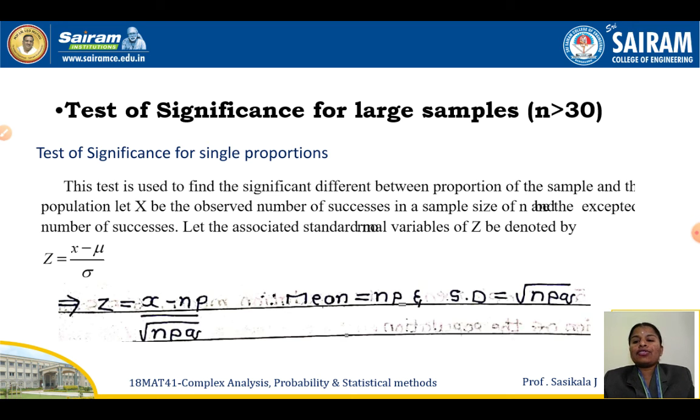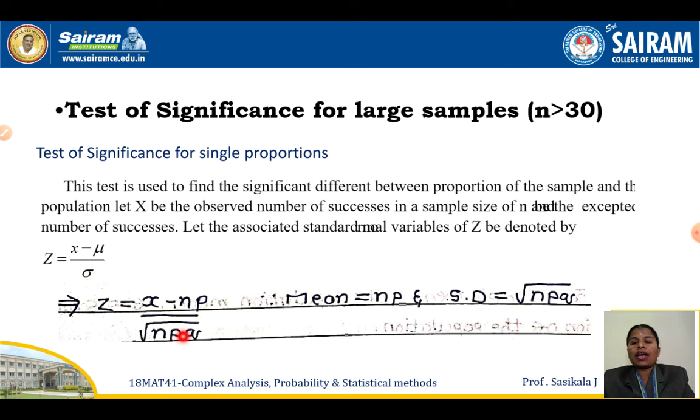The test of significance for single proportions is used to find the significant difference between the proportion of the sample and that of the population. Let capital X be the observed number of successes in a sample of size n, and let the expected number of successes be np. The associated standard normal variate is Z equal to x minus mu by sigma.